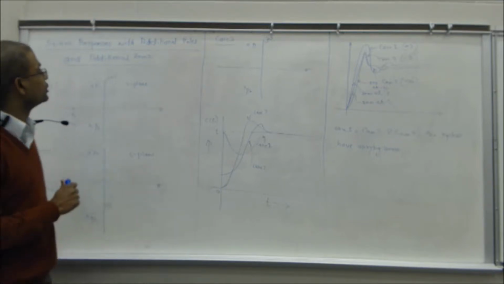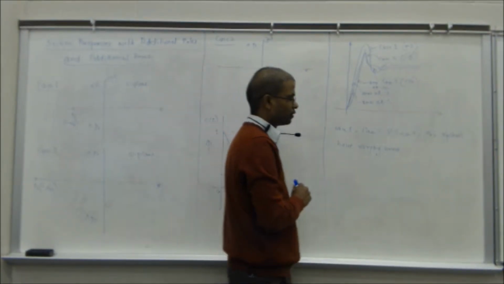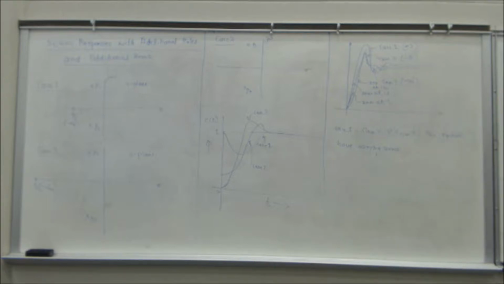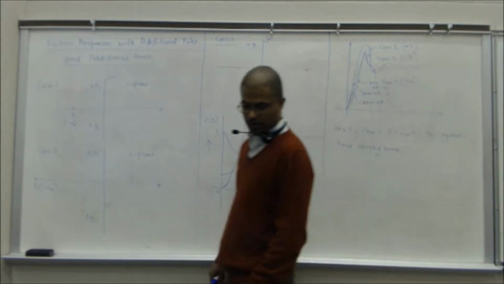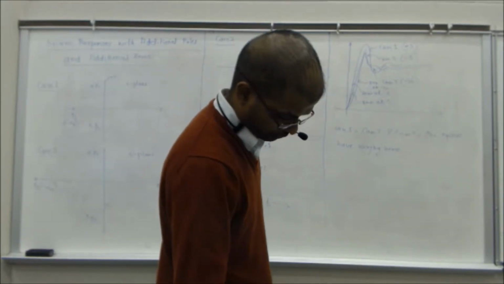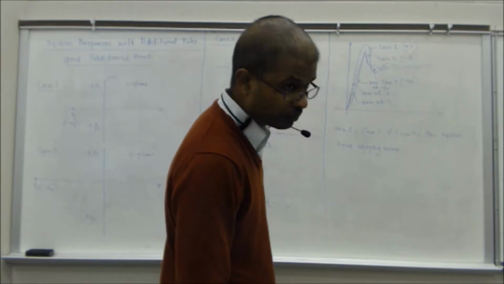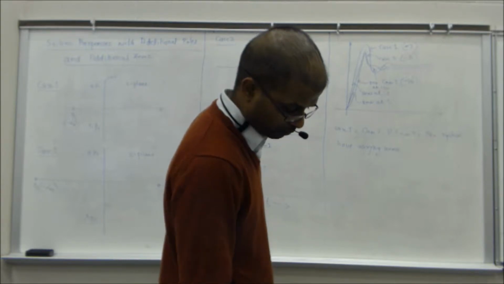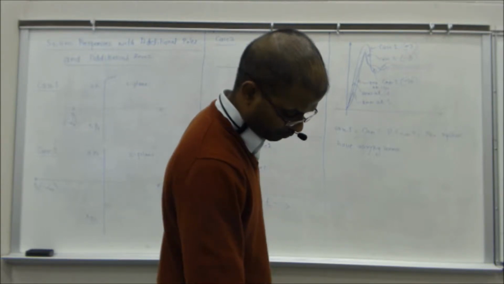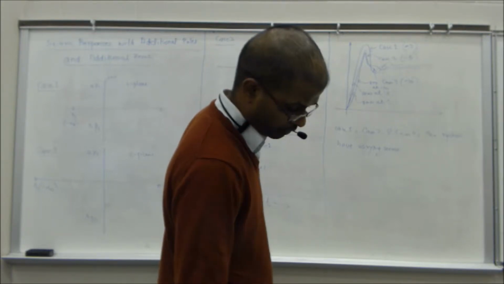As control engineers, you'll be required to show that the system achieves a particular characteristic, particular rise time, particular settling time, and all those things. So this, case 2 and case 3.